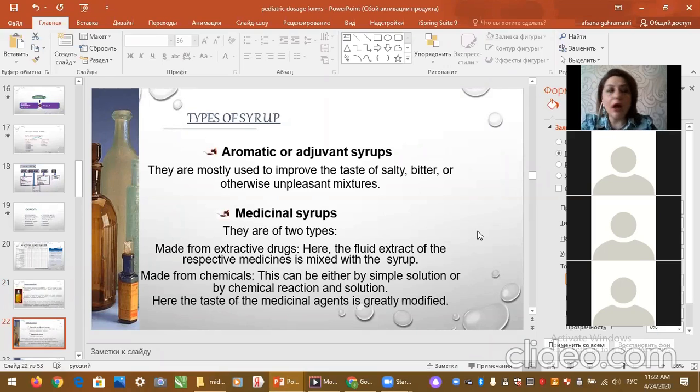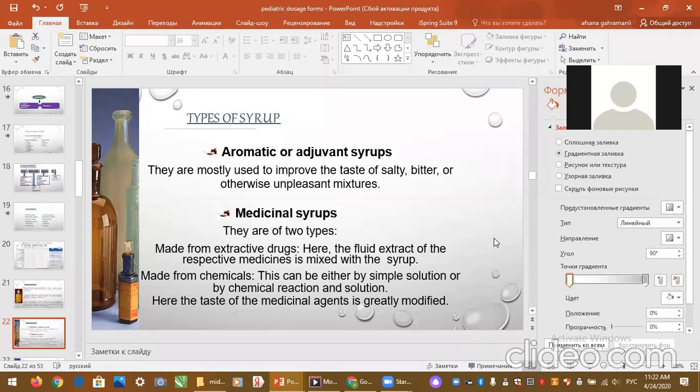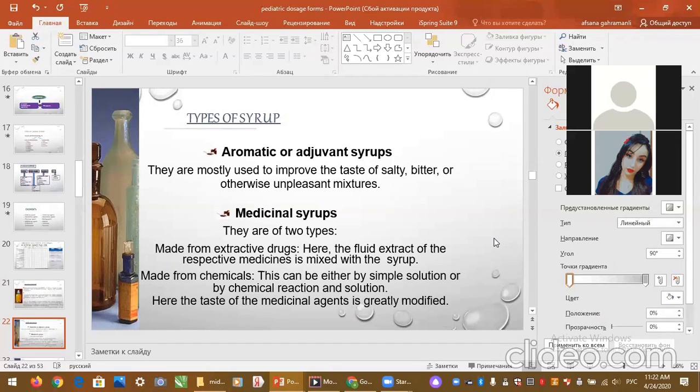Who can tell me how we prepare syrupus simplex and for what we use it? Simplex, you mean sugar?